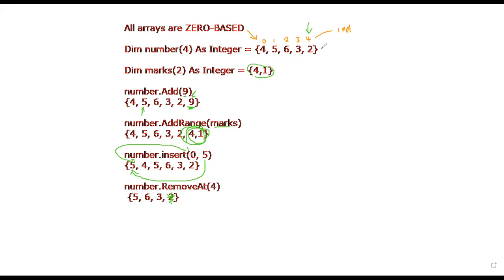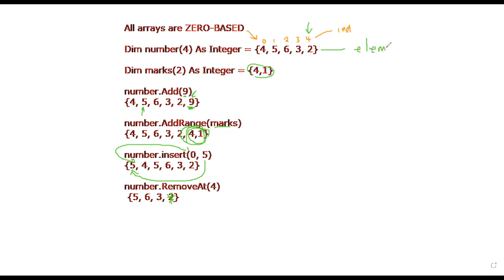Yeah, I was thinking that because the index starts from 0, it will add maybe 0, 4, 1. That's what I was saying, for the add range. No, so when you are adding an element, take note, the values in your array are known as elements.